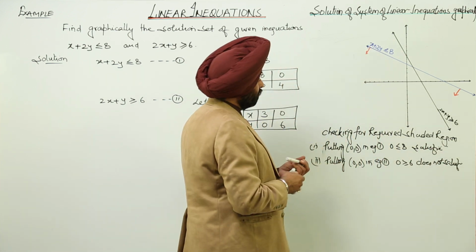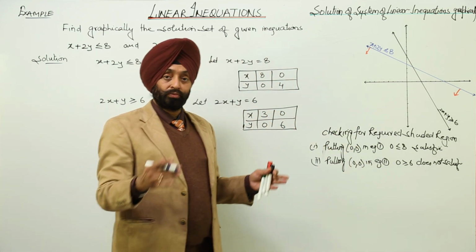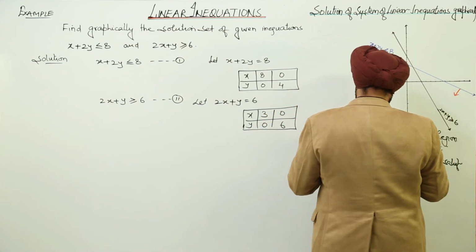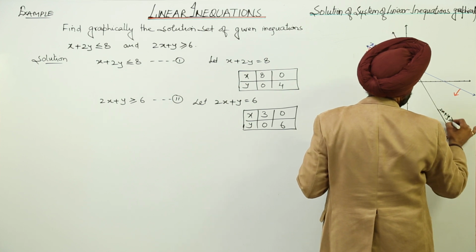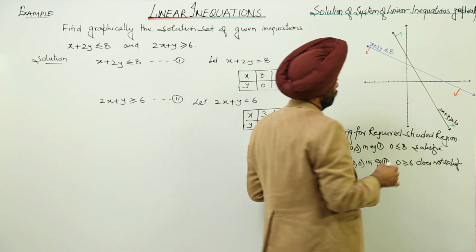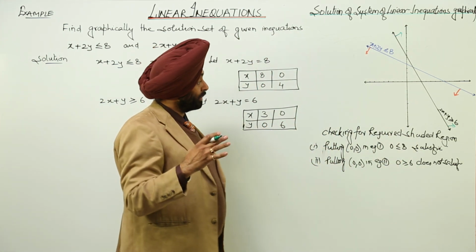Okay. So where will the shading be now? Now the shading will be away from the origin, from that particular line. Okay. So this is the line. So our shading will be now towards this side. Is it clear?